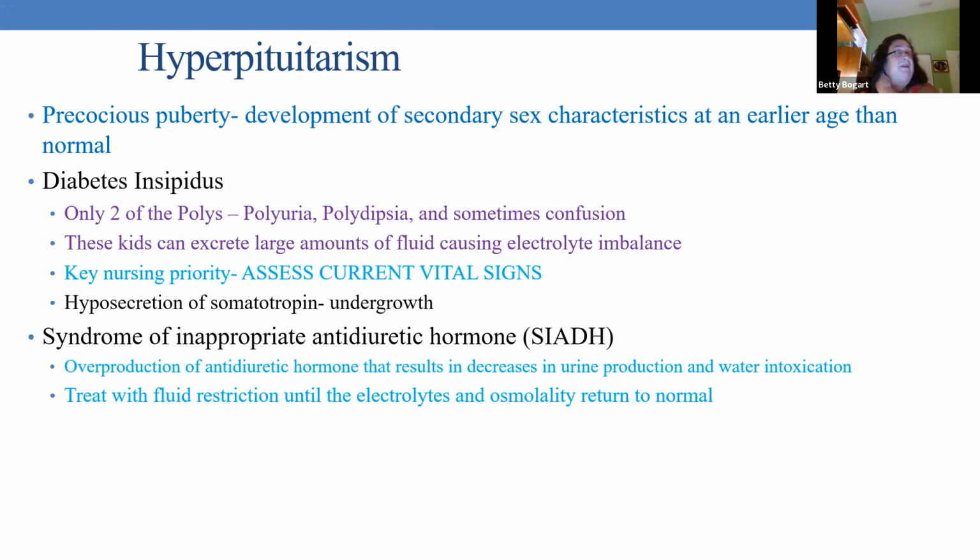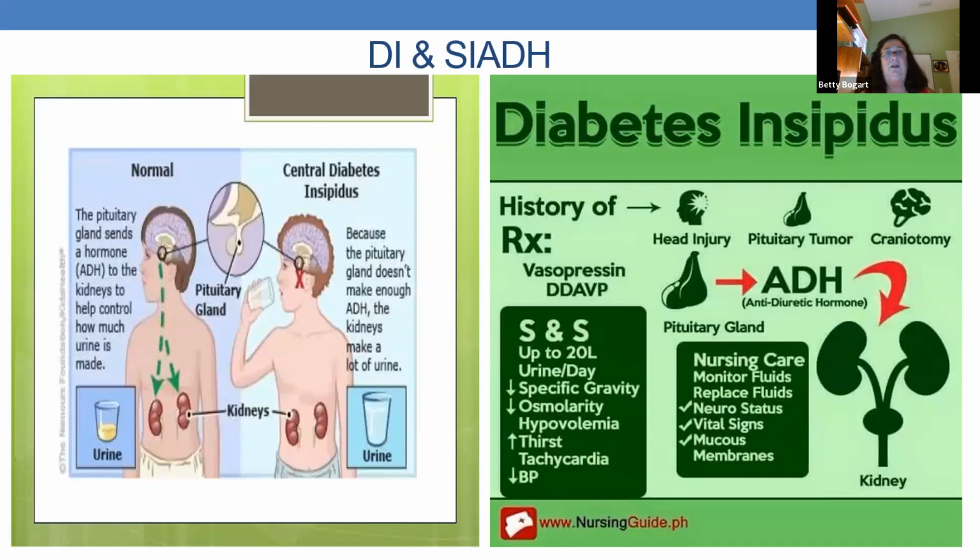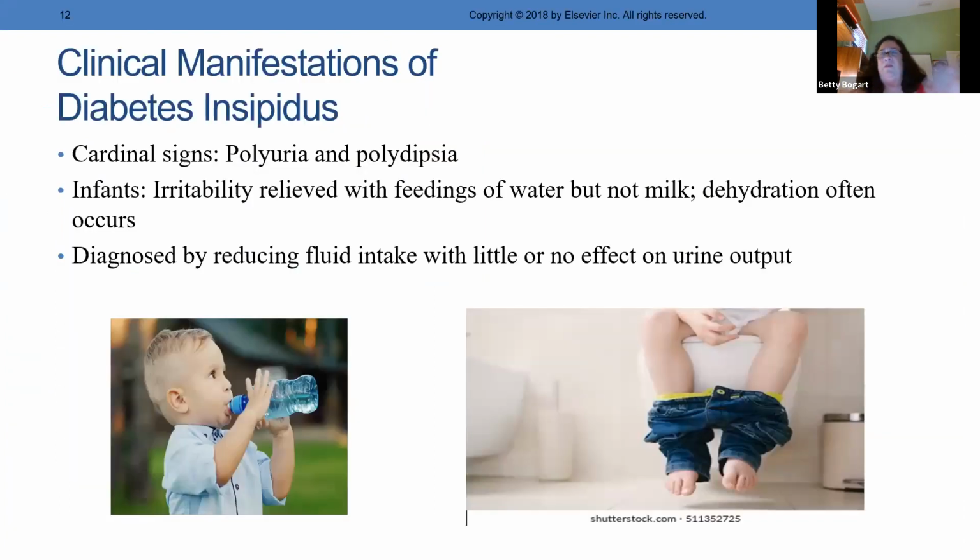And with diabetes insipidus, we are going to give that vasopressin drug, okay? And we can use that also in hemophilia, if you remember that from that lecture. So again, here's a pretty picture. You can look at diabetes insipidus and SIADH, and you can see one's big, holding fluid, and one's dry. So dry, diabetes insipidus; wet, SIADH.